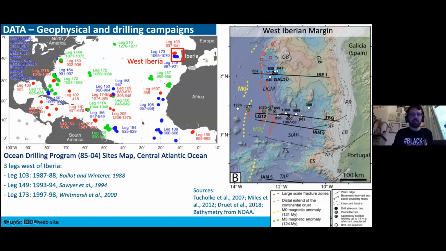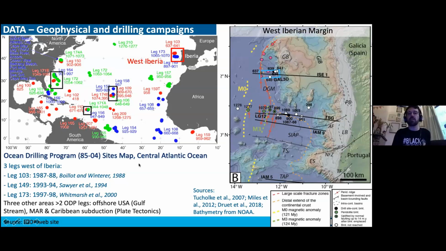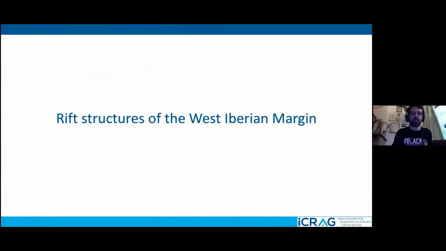Note that in this part of the world, on this site map of the ODP, only 3 other areas got more than 2 ODP legs. That's east of the USA for the Gulf Stream, and at the Mid-Atlantic Ridge and at the Caribbean subduction zone for plate tectonics. So that shows that plate tectonics is a fundamental topic for offshore expeditions.